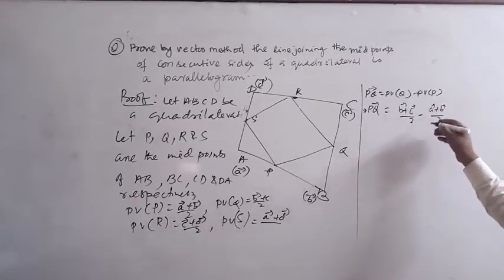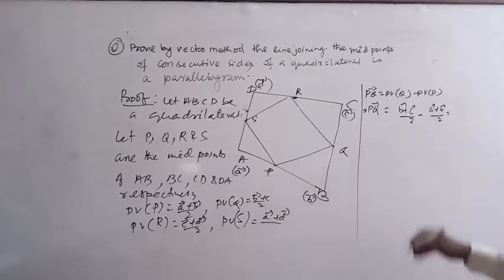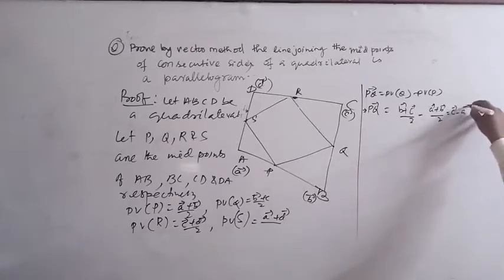B by 2 and B by 2 cancel here, so PQ is C minus A by 2.